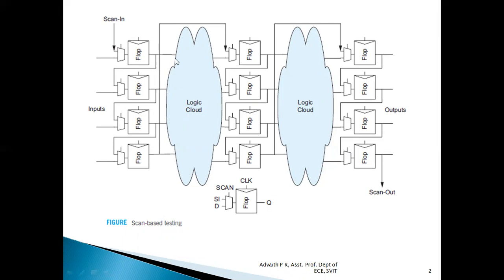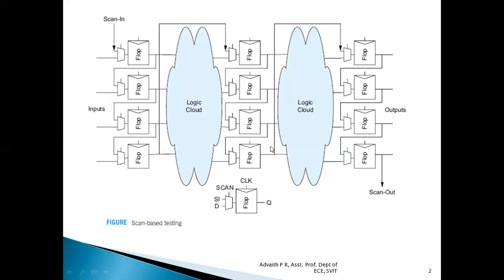In normal mode, this entire design behaves as expected. But in scan mode, they are connected to form a giant shift register called a scan chain. We can observe here a big scan chain, which consists of scan in as well as scan out.